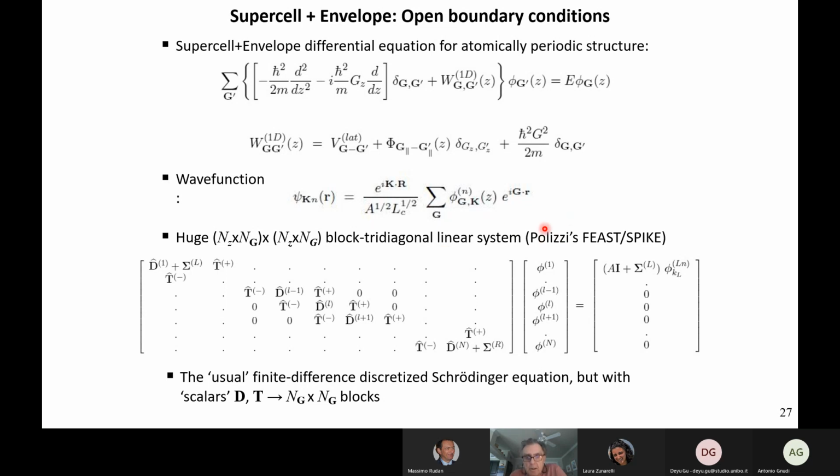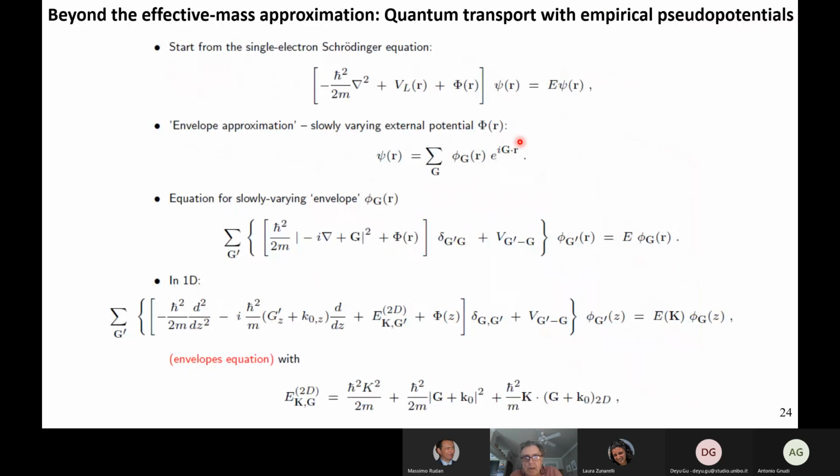I thought, dealing with my colleague Eric Polizzi at the University of Massachusetts, of using particular methods that he developed. He's an excellent numerical guy to solve big linear systems and eigenvalue problems. But eventually the idea came to a postdoc of mine, now, to use a different basis. Here we're using the basis of the G vectors, plane waves.